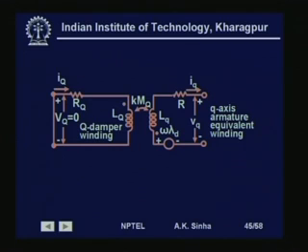In quadrature axis, we have the damper winding and we have the Q axis coil. We do not have any field winding coupling. Therefore, in this case we have a subtransient reactance when the damper winding and the quadrature axis winding are present.